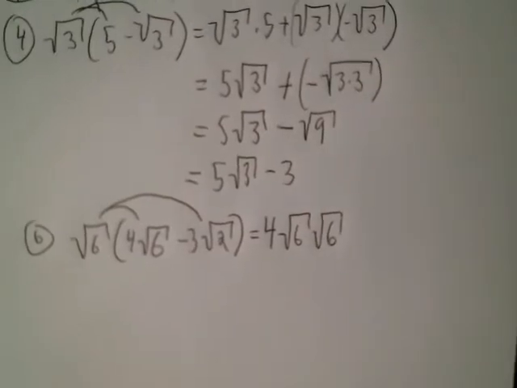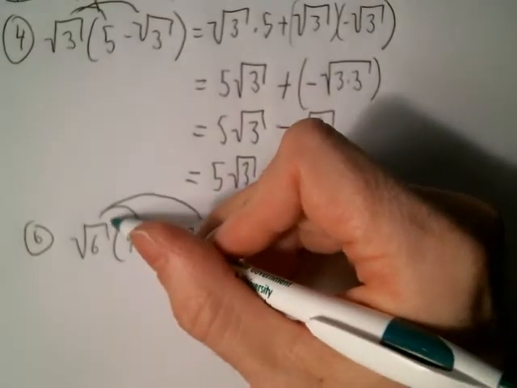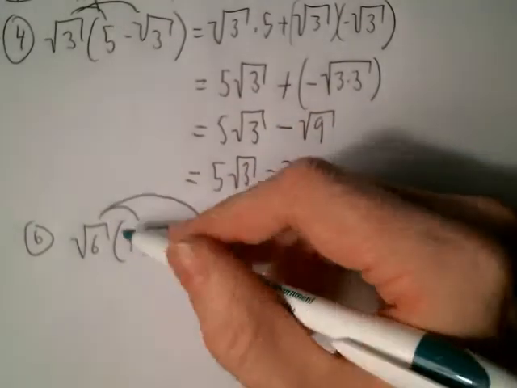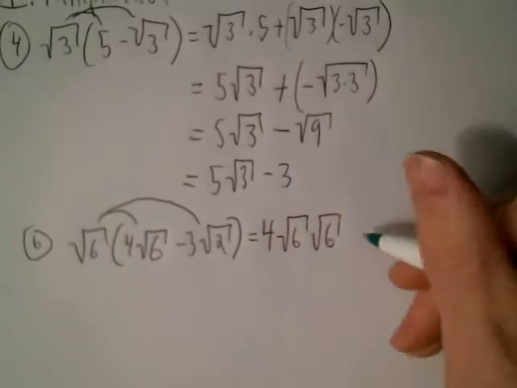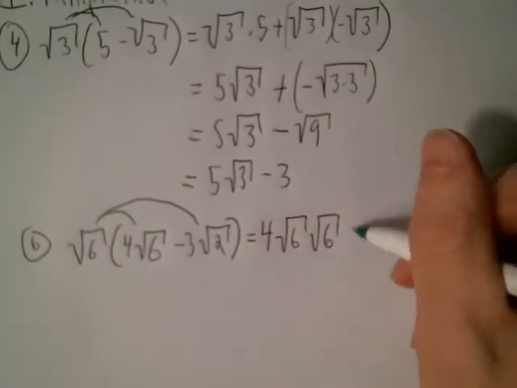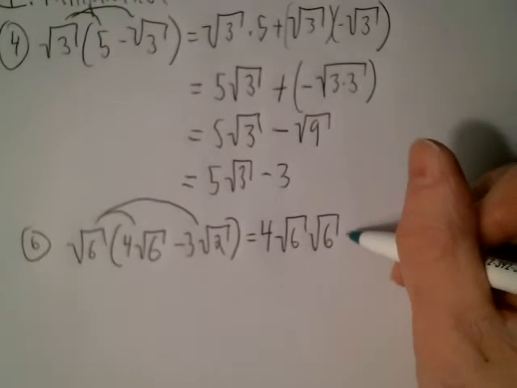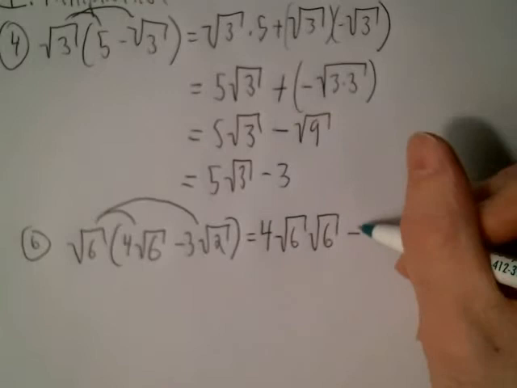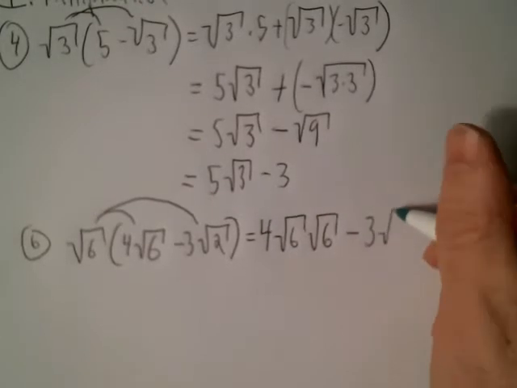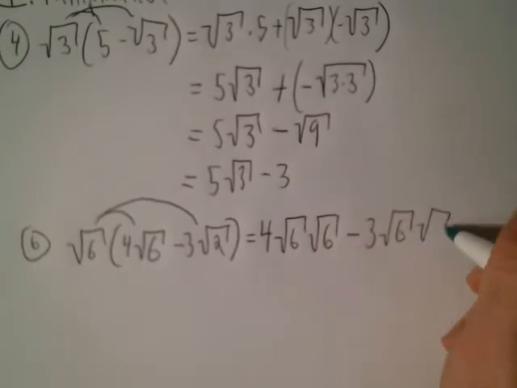So I'll just automatically put the 4 in front. And then plus radical 6 times negative 3 times radical 2. So I put the 3 in front, and instead of writing plus a negative, I'm just going to cut to the chase and write minus. And we'll have 3 times radical 6 times radical 2.